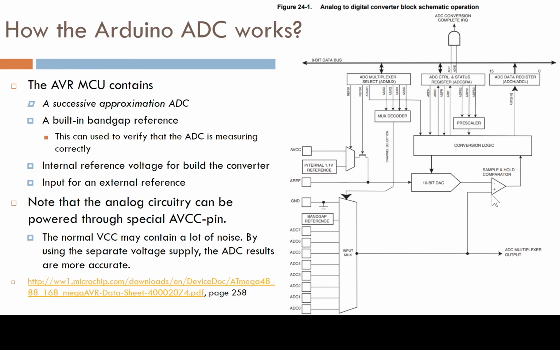The function for that comparator is, first of all, it holds the input value steady during the conversion. That's quite crucial for this A to D converter. But then it also compares if that DAC value is lower than or higher than the input. And the output is thus going into the conversion logic.